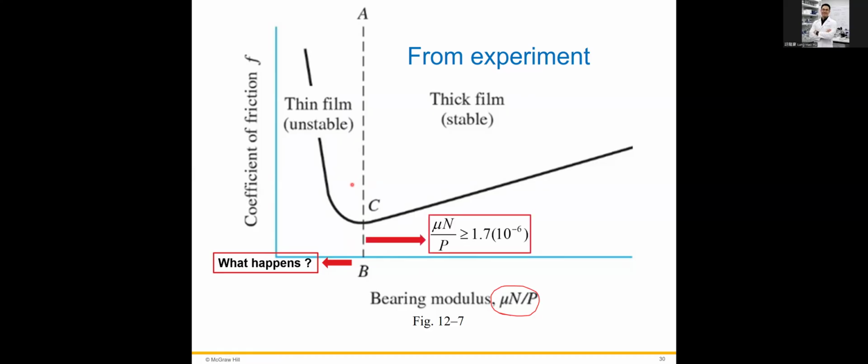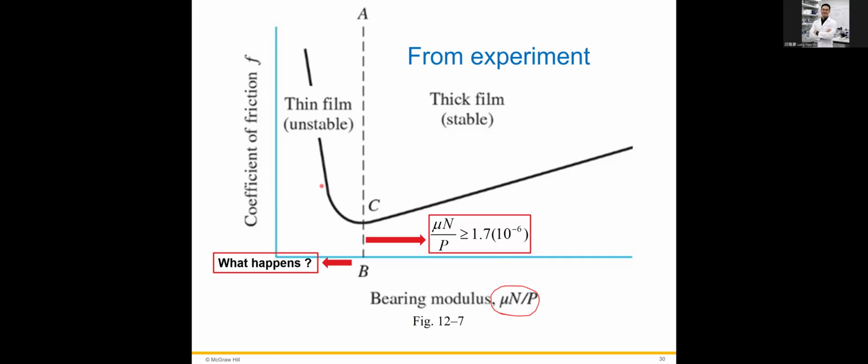Okay, that means this clearance becomes thinner and thinner, right? So that means the friction creates more heat due to the temperature rising, right? If you still remember, as the temperature rises, the viscosity of this oil, this lubricant, gets lower.